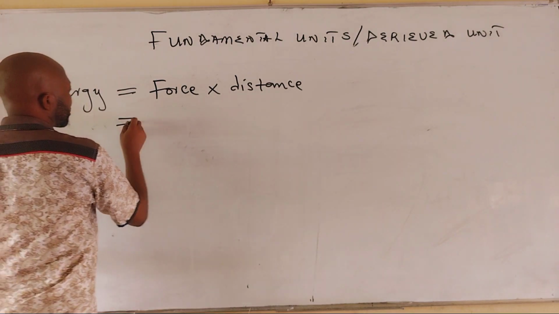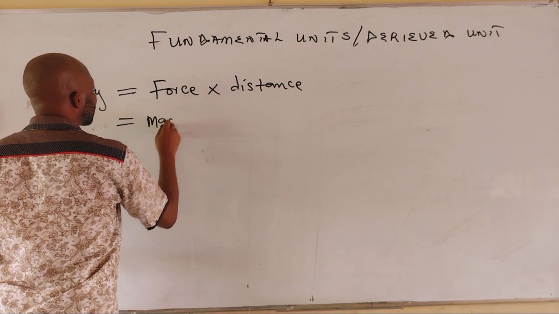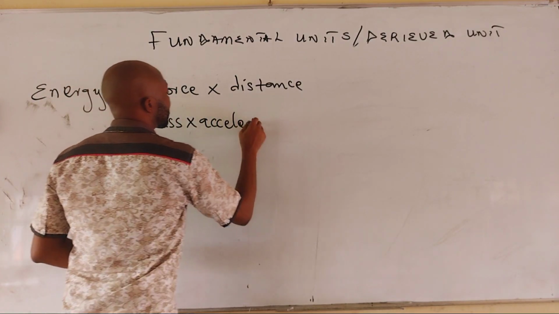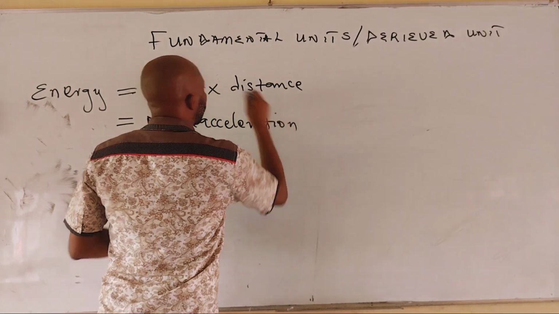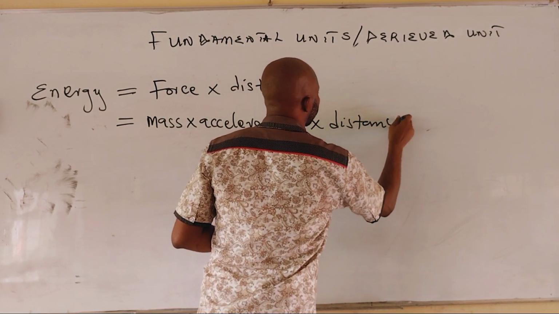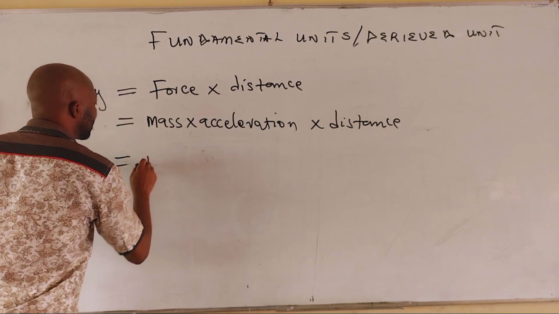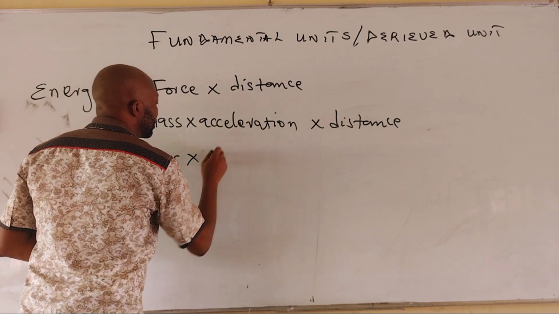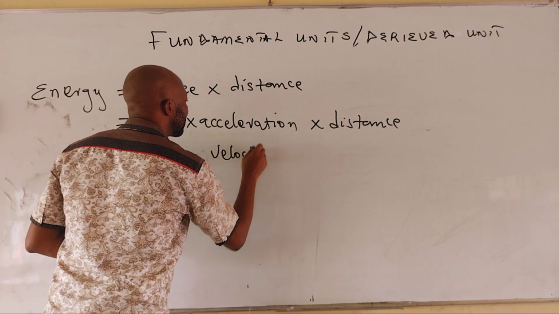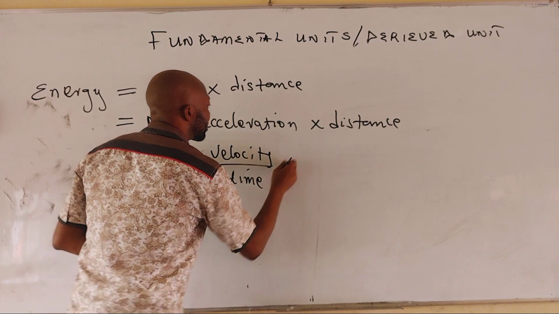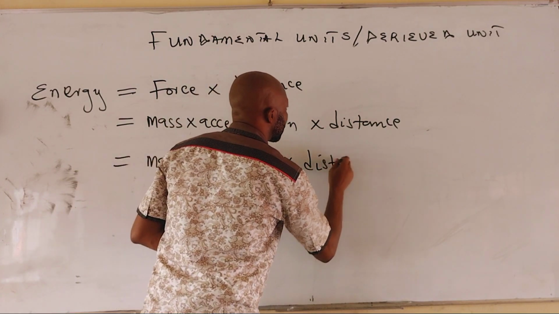So, what is force? Force is mass times acceleration. Now times distance. This is my mass times acceleration, which is change in velocity over time, times distance.